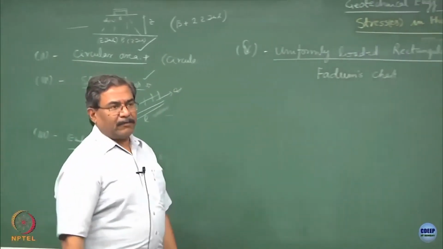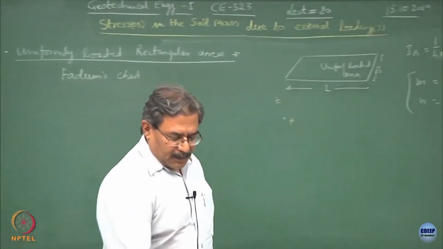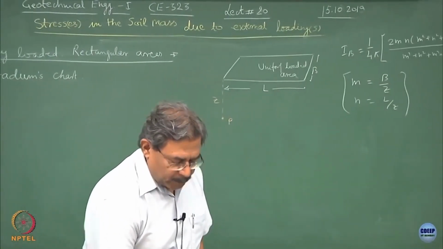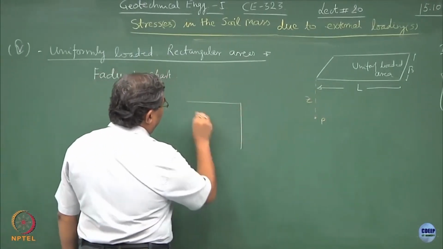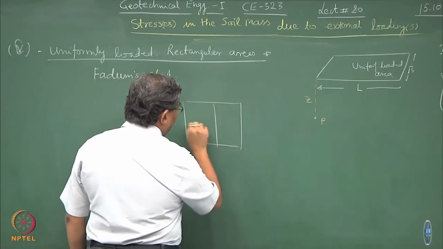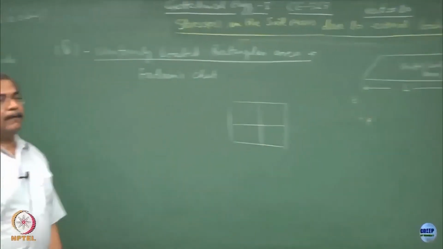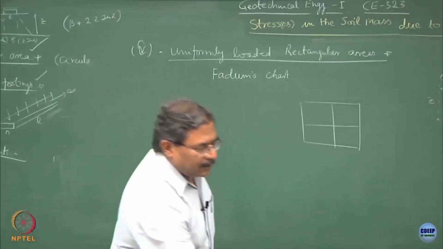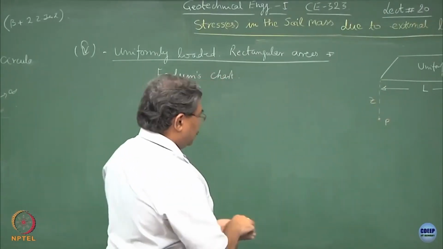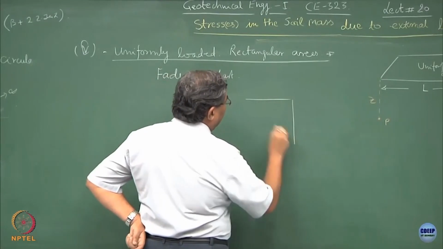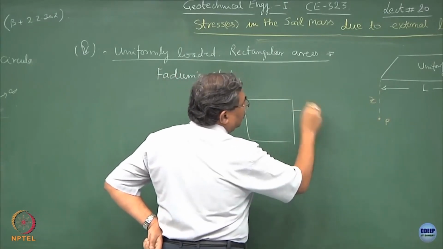Manipulations can be done in several ways. I hope you will realize and enjoy that if I have a uniformly loaded plate, let me not segmentize it first. Suppose this is the plate or an area where Q is known.